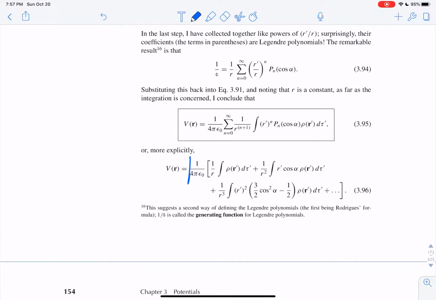P1 of x is equal to x, and in this case x is cosine of alpha, so we just have cosine alpha times this. Same thing for n equals 2, you've got 1 over r cubed, and so on. And this is the n equals 2 Legendre polynomial.